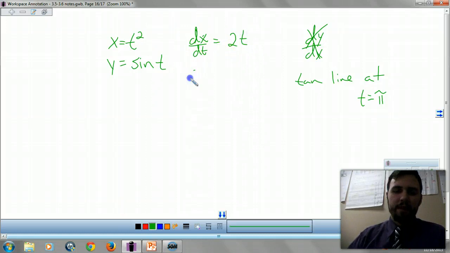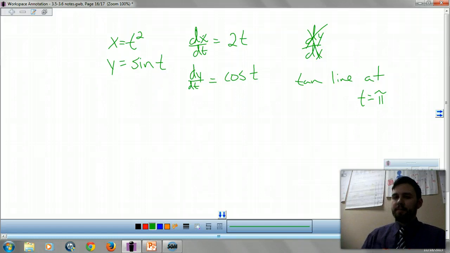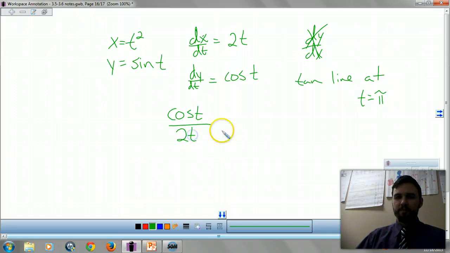Bingo. Next I need to find my dy over dt. Derivative of sine is cosine. What's slope? It's your change in y over your change in x. So I put my change in y on top, all over my change in x. So that's my derivative, that's my dy over dx.